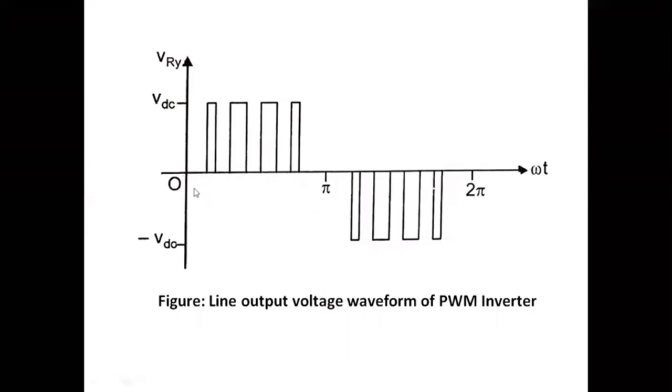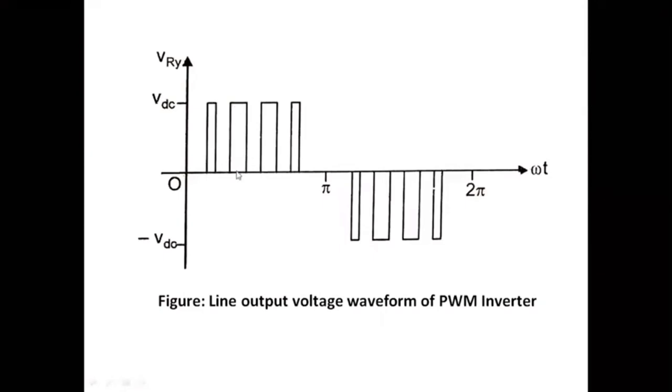If I take the average value of this waveform, because it is a symmetrical waveform, the average output voltage over the entire waveform is 0, so I consider only the half cycle to take the average output voltage. Here we have the maximum value up to this, and here it is 0.